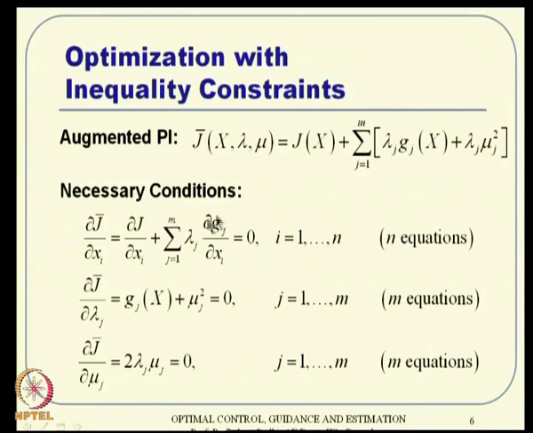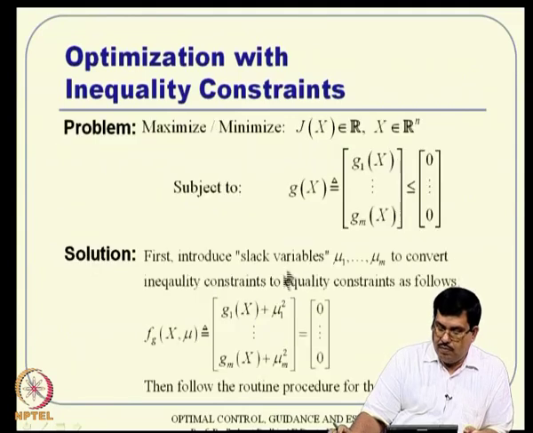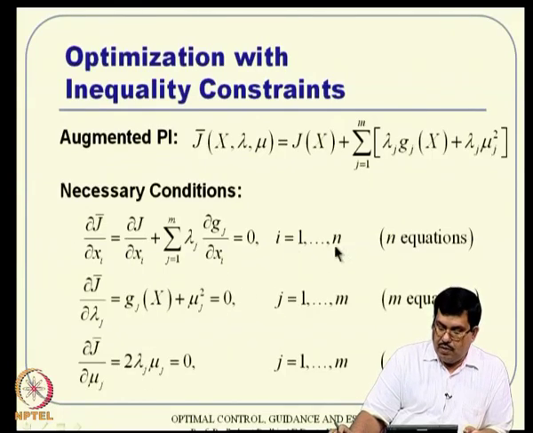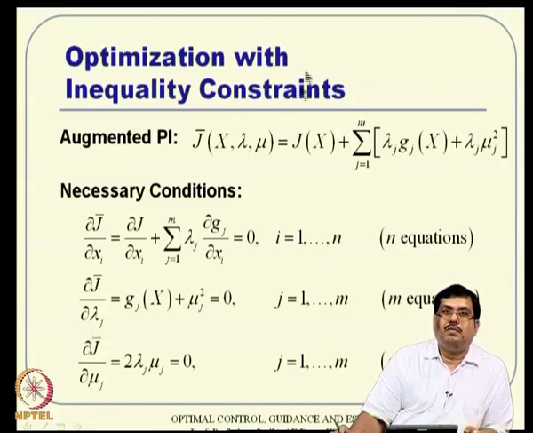As far as the necessary condition is concerned, we have to take partial derivatives with respect to all these variables: x, lambda and mu. x is an n-dimensional quantity, whereas lambda and mu are given by the dimension of the constraint equations, which is typically m. So we consider these n derivatives coming from the xi partial derivatives, which have to be equal to 0, followed by del j bar by del lambda j, considering the free variable of lambda here.